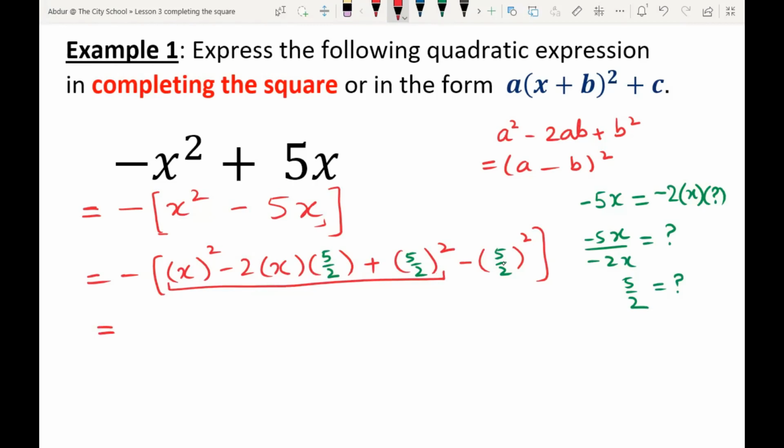The identity for these three terms is a square minus 2ab plus b square is a minus b whole square. So I'm going to write these three terms as an identity, which will be minus times x minus 5 over 2 whole square and minus 5 over 2 whole square, the remaining portion here.